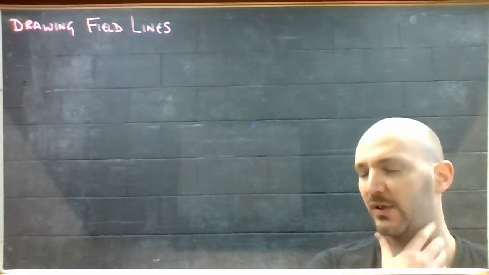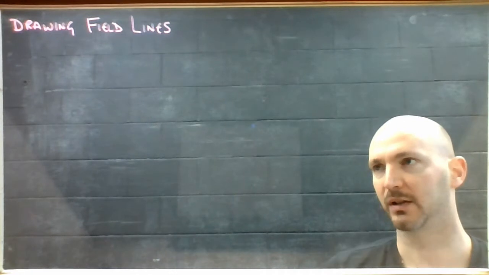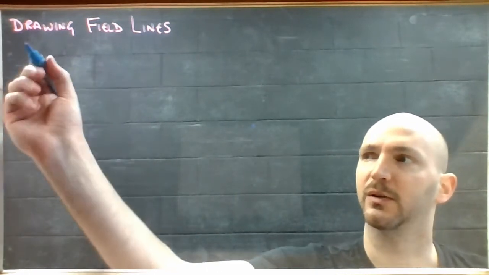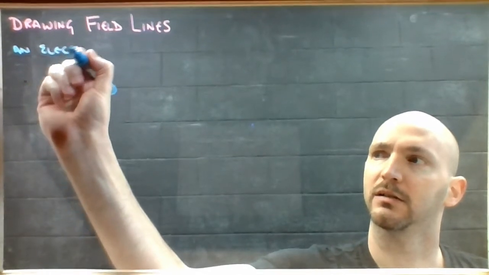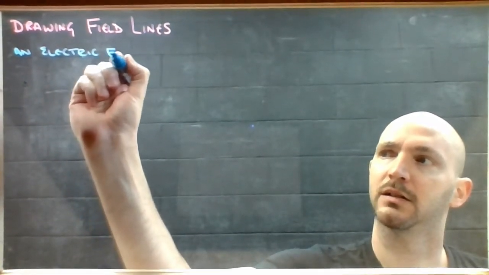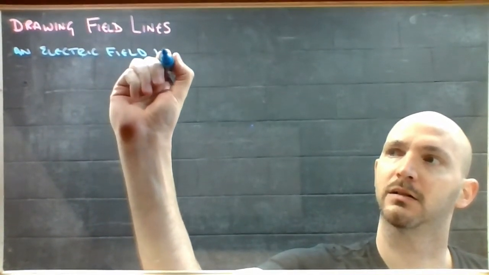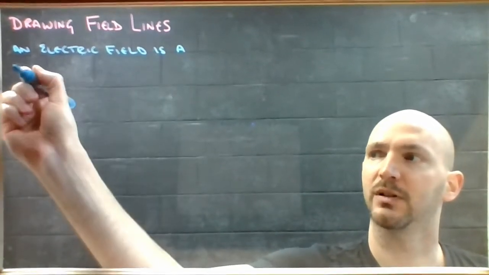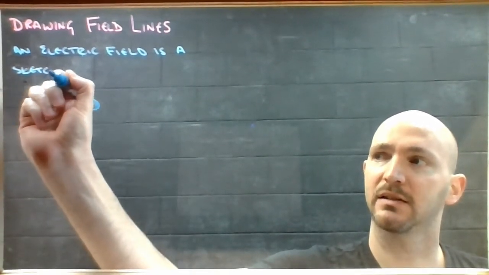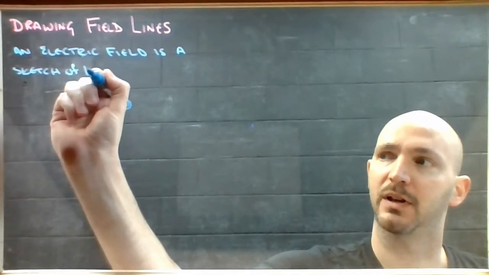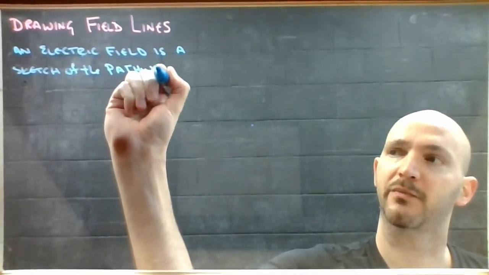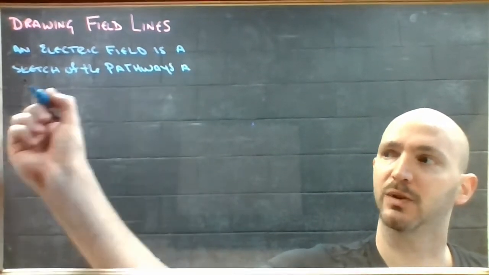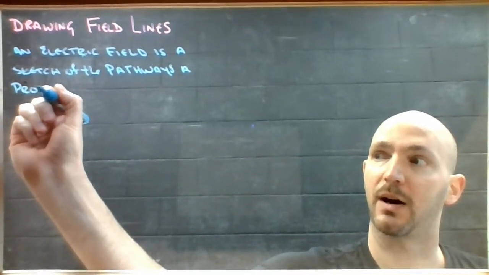So the first idea, if we're going to talk about electric fields: an electric field is a sketch of the pathways a proton would follow if you dropped it into the field.